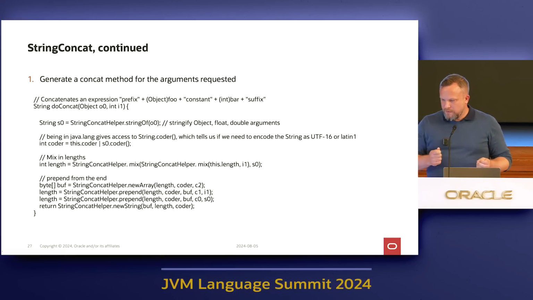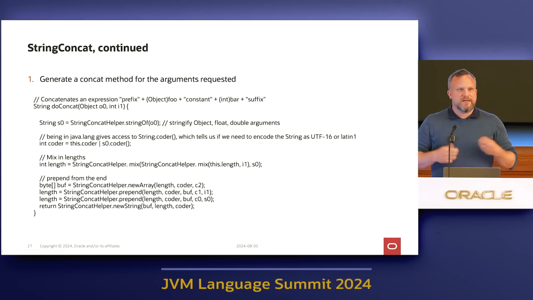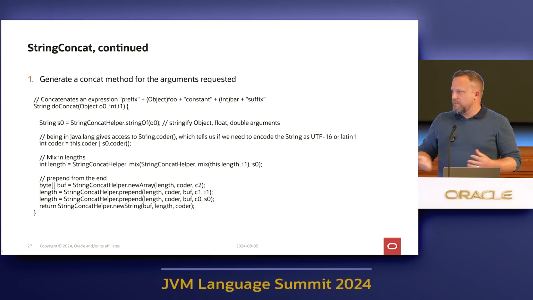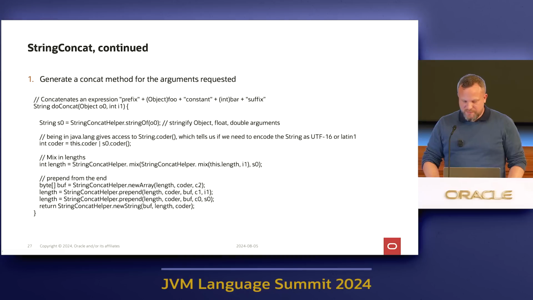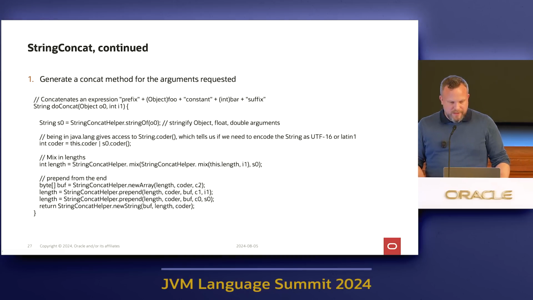Should be byte, not int. And then mix in the lengths, basically the same sequence of code that would be produced by the method handle translation. For experimentation purposes, it's always good to keep things as similar as possible when you're doing a prototype, right?